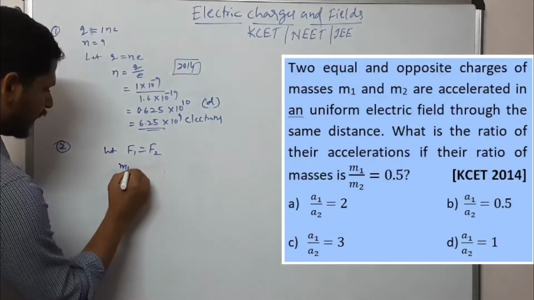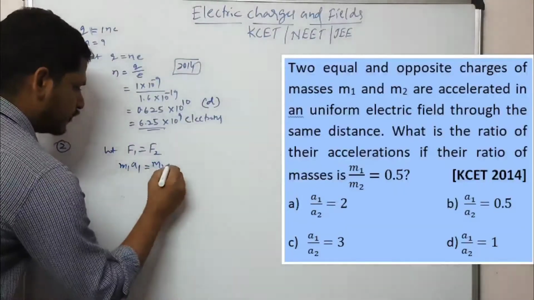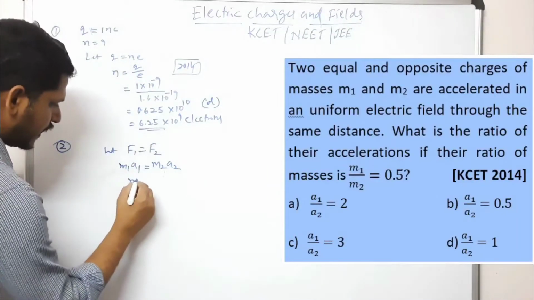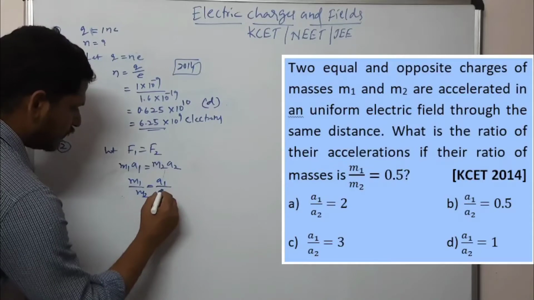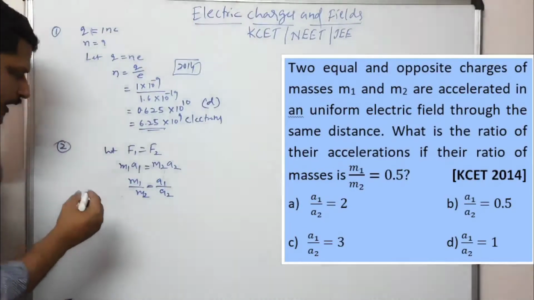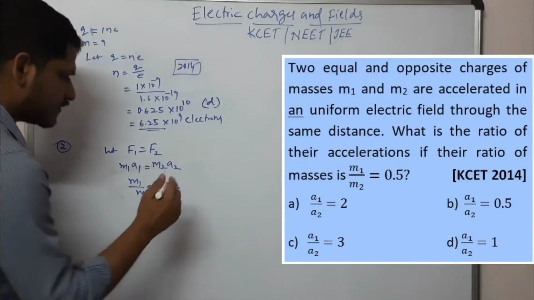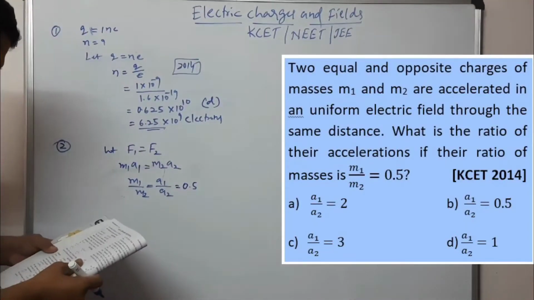So according to F is equal to MA, M1 A1 is equal to M2 A2. Here M1 by M2 is given, so what is that value? This is 0.5.